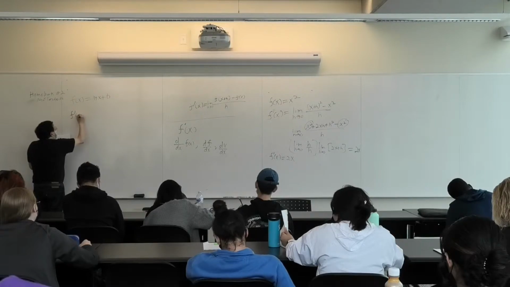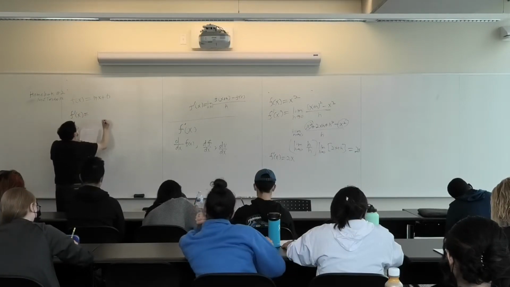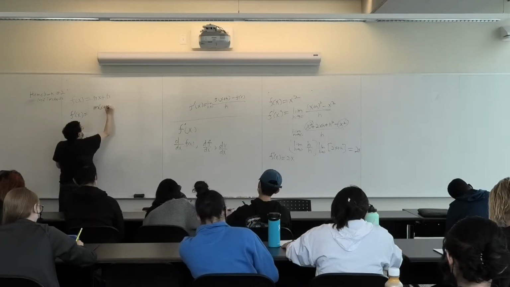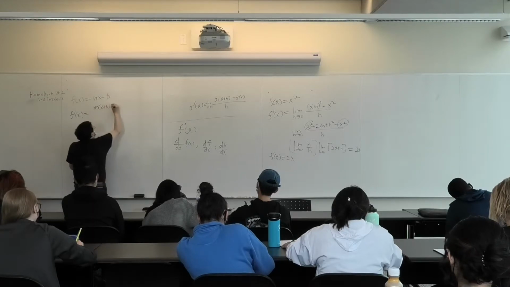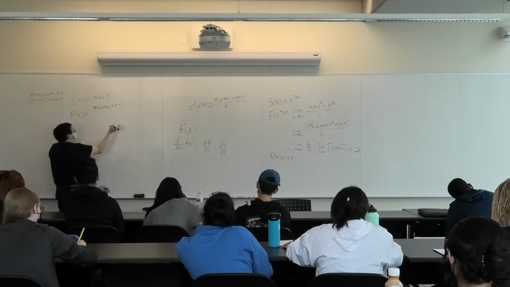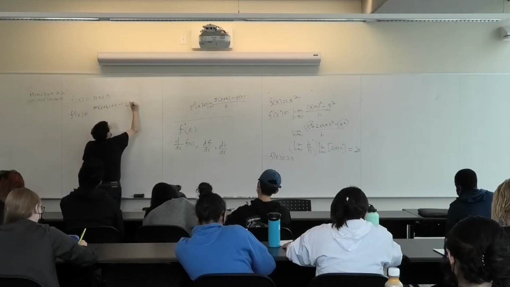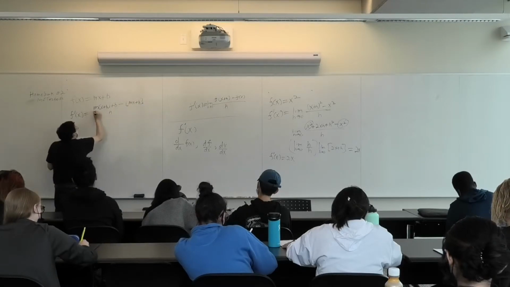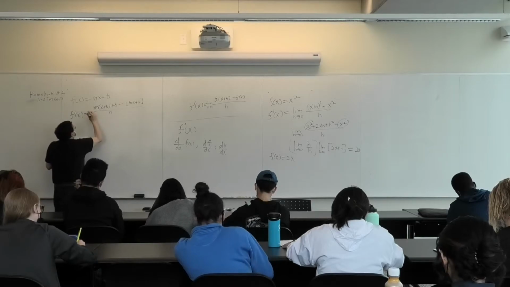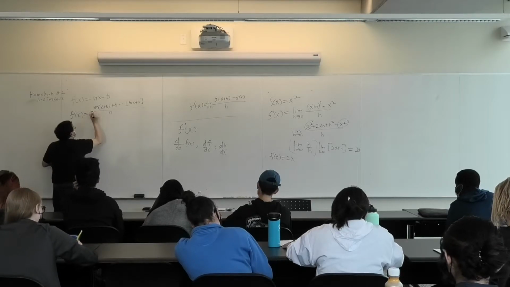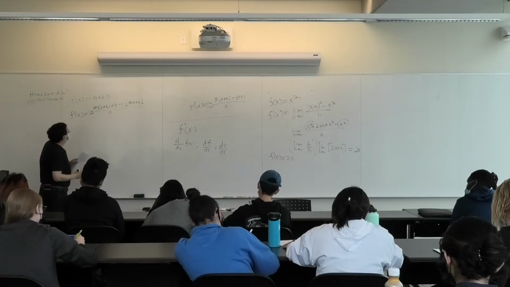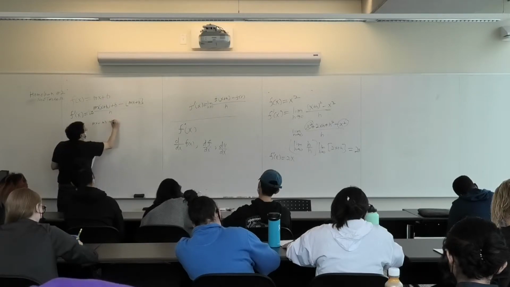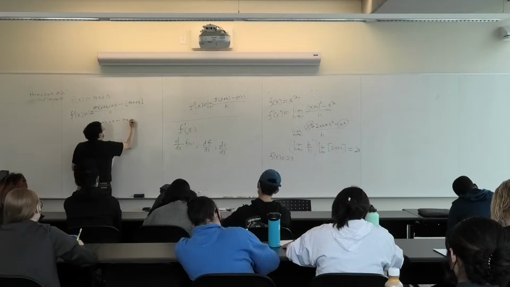So f prime of x will be f of x plus h, m times (x plus h) plus b, minus f of x, which is mx plus b, all over h, and squeeze in here the limit as h approaches 0. All right, well, again, some algebra: mx plus mh plus b minus mx minus b.